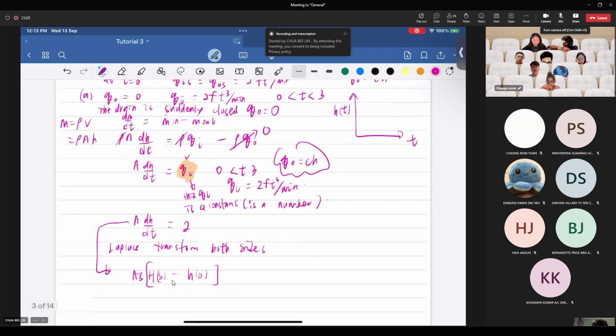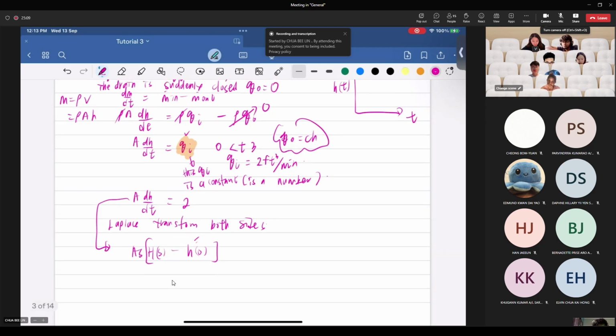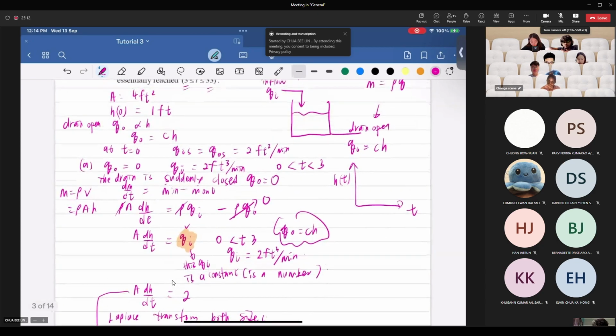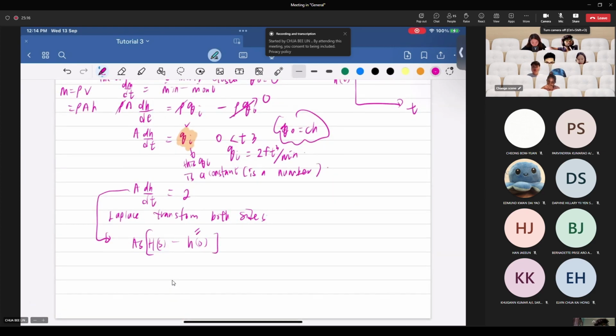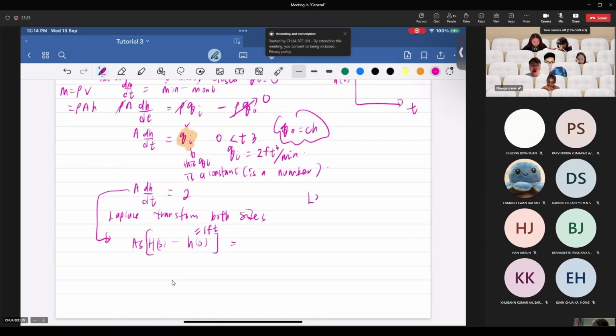You will need the initial condition to solve, where the initial condition is given as when time equals to 0, H is 1 foot. So this is equivalent to 1 foot, equals to the Laplace transform of 2 will give you 2 over s. Okay, so from here, sub in all the values, where A is given as 4.